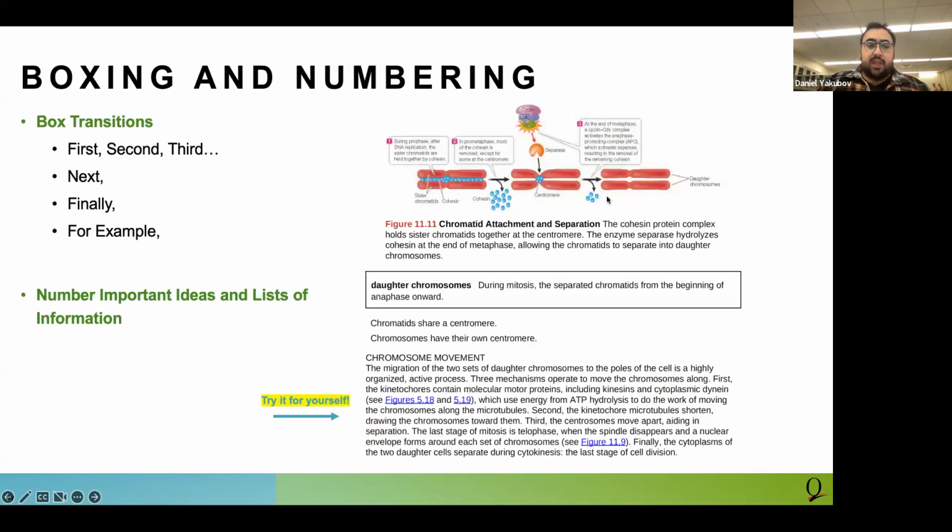So another thing that you can do is box and number. In this case, the boxes go around transitions where you have a list of things. The list could be in sequential order, first, second, third, whatever. Or it could describe some kind of process, where this happens first, next this happens, finally this happens.